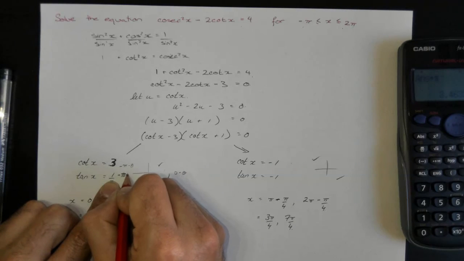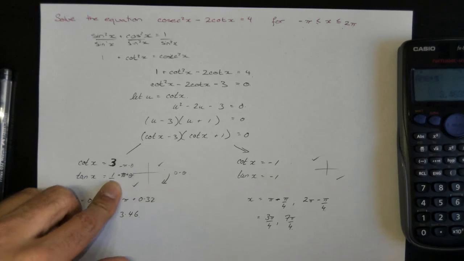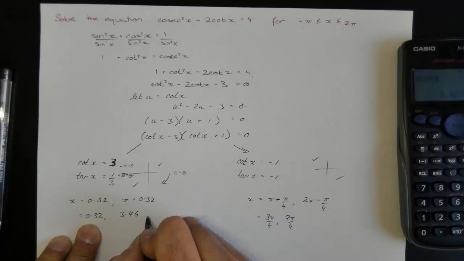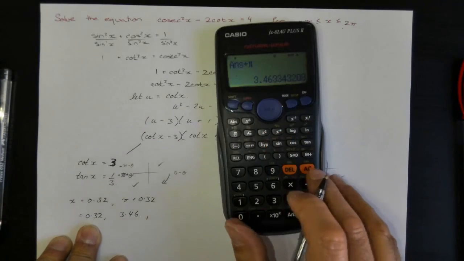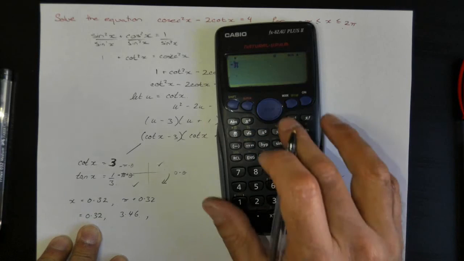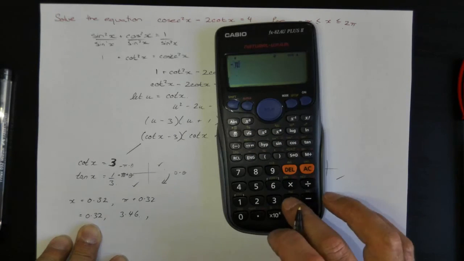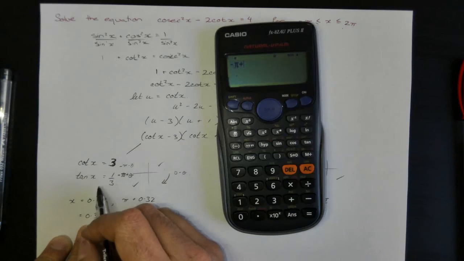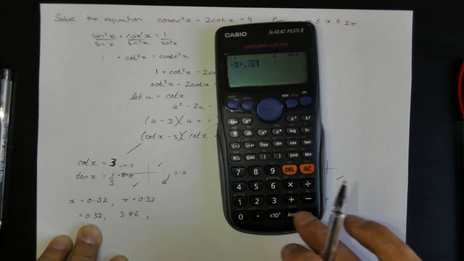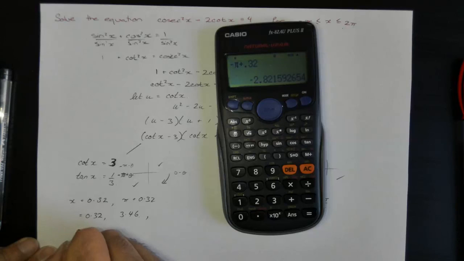Here would be plus theta. So we've got negative pi plus 0.32, and we get negative 2.82.